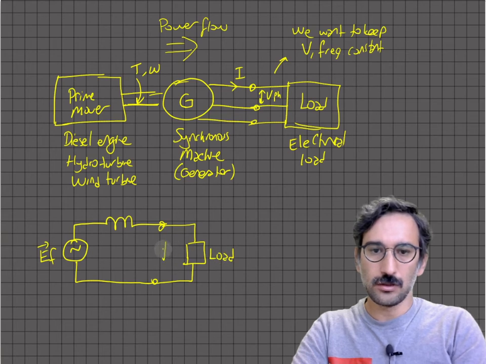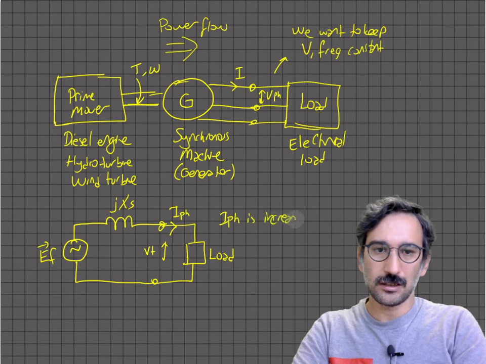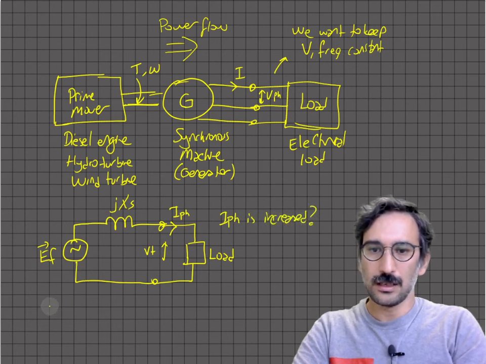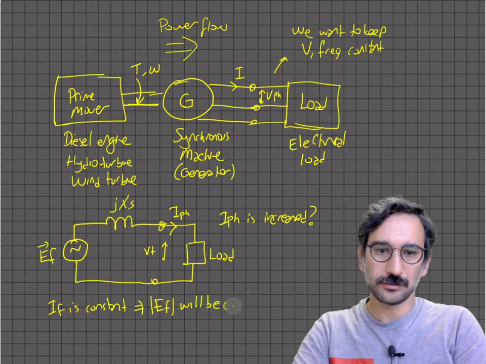This is our VT, this is our I phase, this is jXS, and what will happen if I phase is increased? And let's say IF is constant. If IF is constant, the magnitude of EF will be constant as well, right?